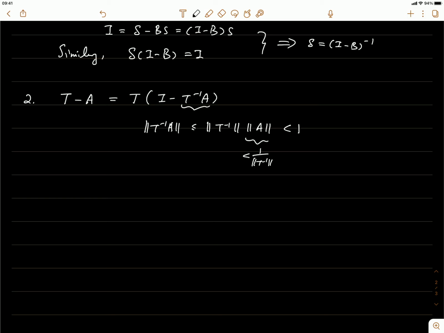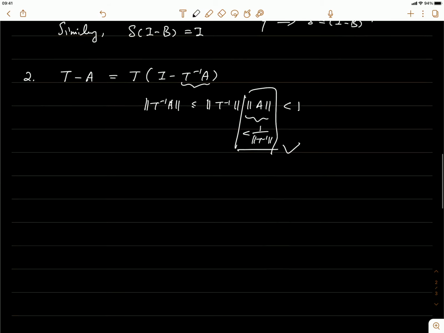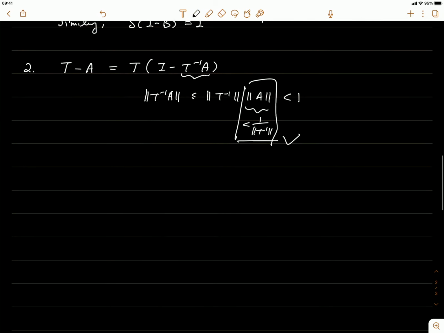And from the previous result, if this is true, then this will be invertible. And since this is also invertible, the product of these two is invertible.